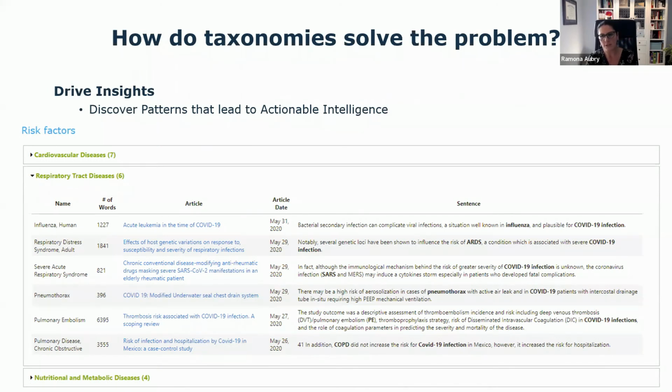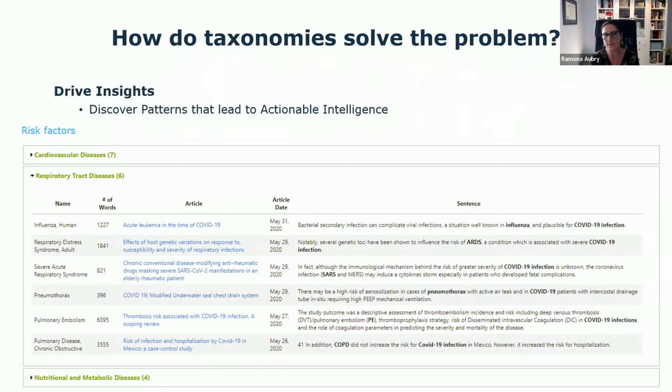during the early stages of the COVID-19 pandemic, unfortunately, there was little information around the risk factors for COVID-19. So for us to have more insights about this unknown virus, we leveraged one of the standard taxonomies that we have, the MeSH taxonomy, the medical taxonomy that identifies different conditions.